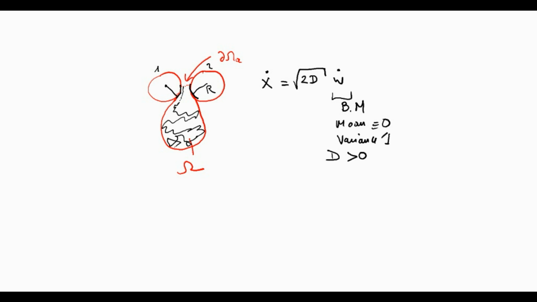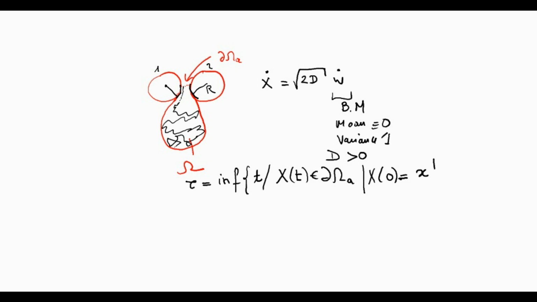And so the mean first passage time is defined as follows. So this is the first time t such that the particle hits the boundary ∂Ω_a, conditioned on it having started at a position x inside the domain.